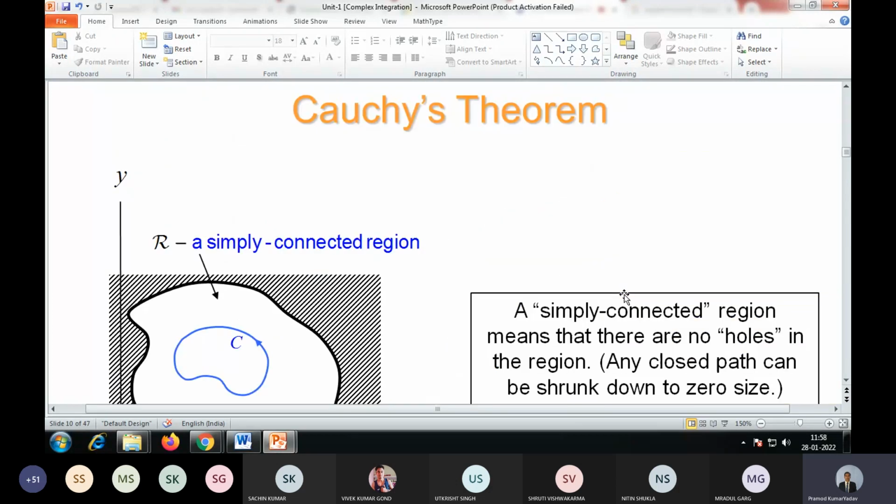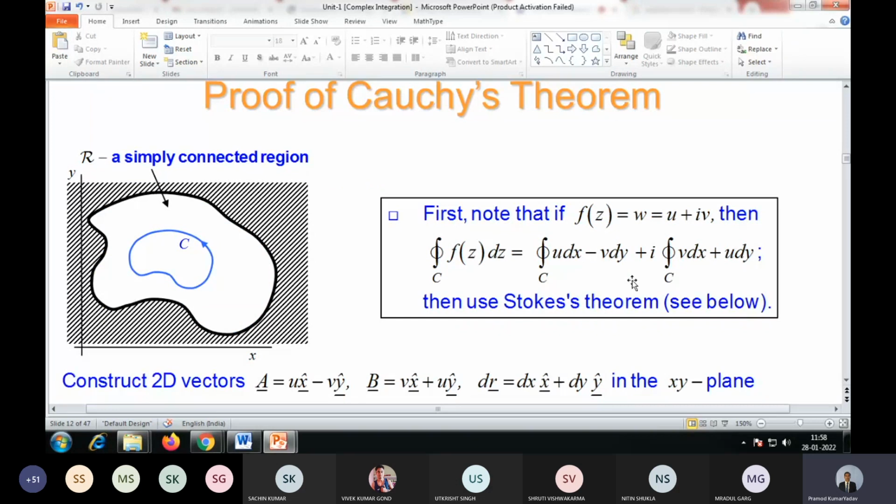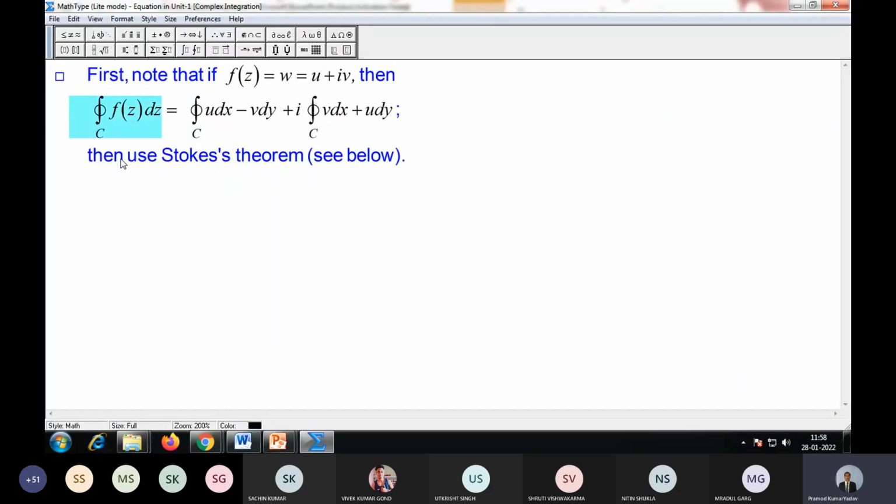There is another way to prove this theorem. One way is the Stokes theorem. Now I'm taking this one. So our aim is to show this one is 0, and we have been evaluating this one.